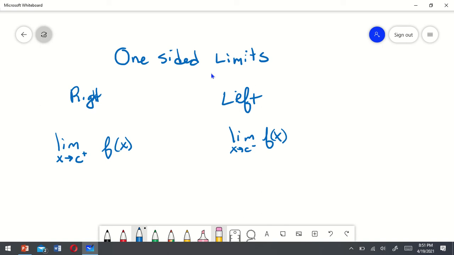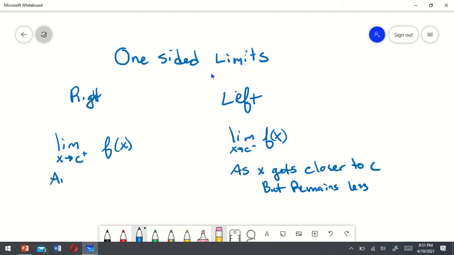When we talk about a left side limit, the left limit, we're saying that as x gets closer to c, but remains less than c, approaching from the left, we talk about this corresponding output, the corresponding f of x, is going to get closer and closer to L, whatever that limit is.